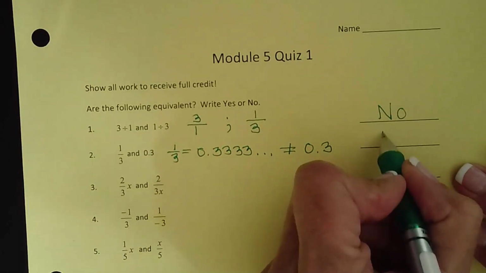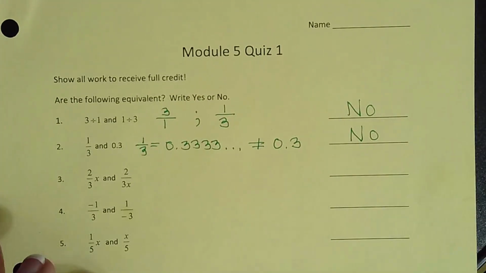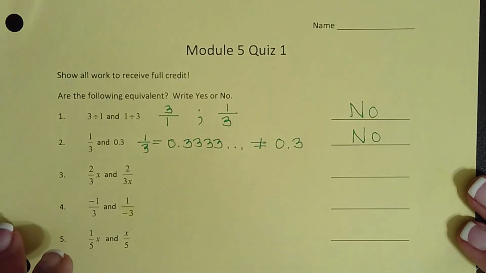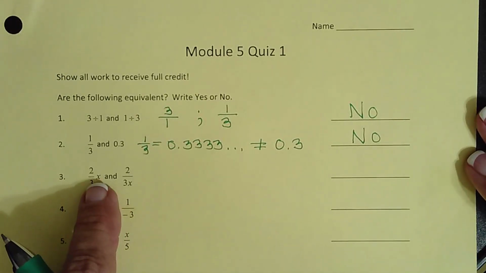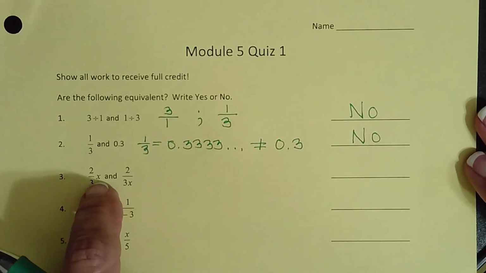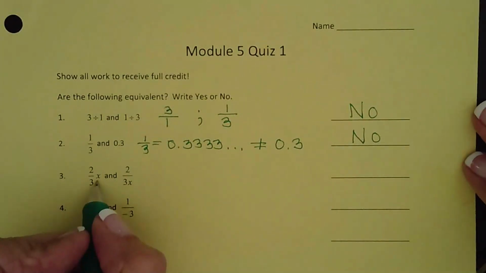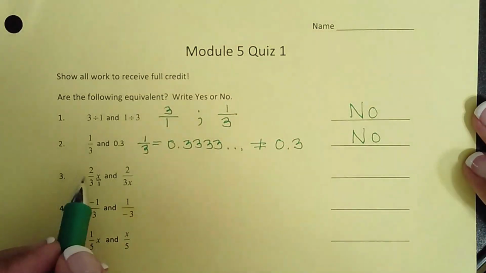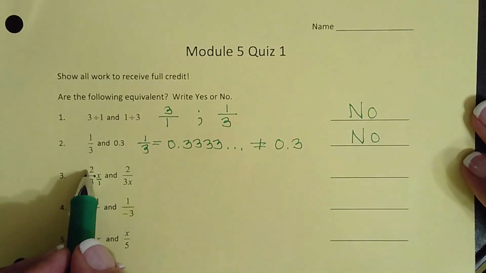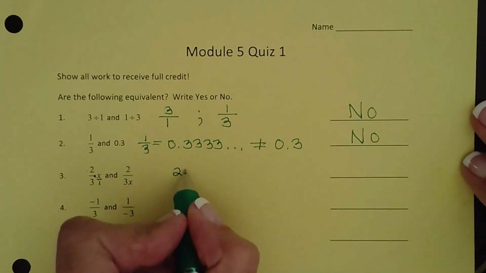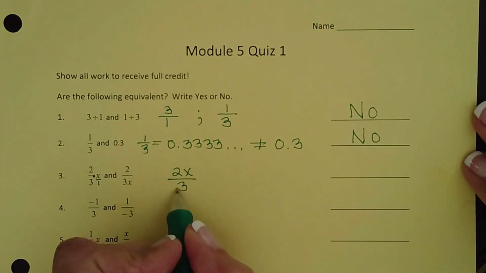Because you want to write as much as you can on this so you have it to study, to understand why the answer is yes and why the answer is no. We learned that when the x is out to the side, it's really x over 1. So if this was x over 1 and you multiplied, which this is multiplication, you multiply the top numbers. 2 times x is 2x. 3 times 1 is 3.